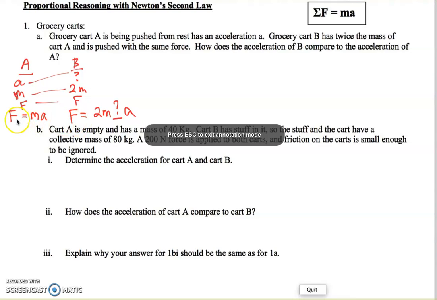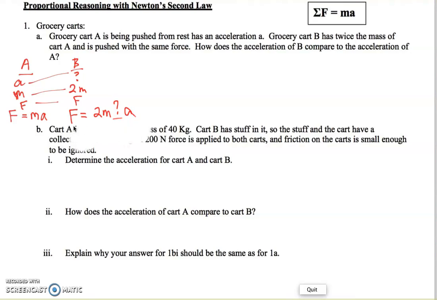Notice that the force is the same in both of them, so I've left that the same. Essentially, I've written down the mass for B and the acceleration for B. So I just have to think mathematically: what would the acceleration be there? I know the 2 has to go away, so I need a 1/2, because 1/2 times 2 will cancel out, and I'll be left with just the m and the a.